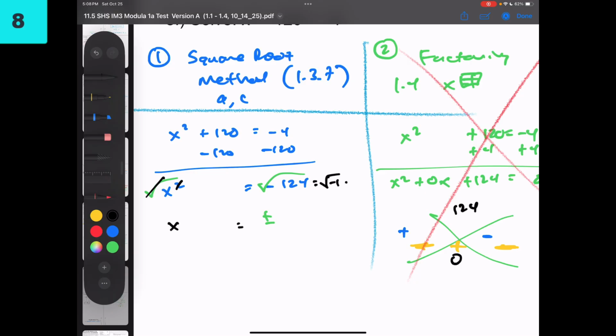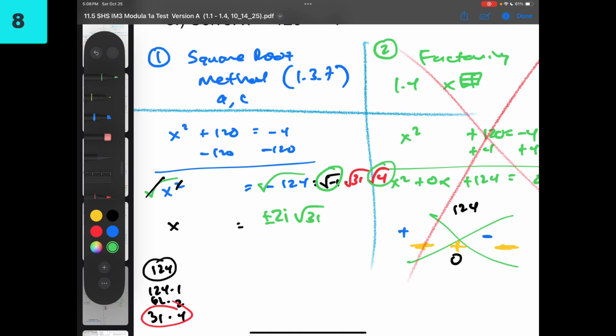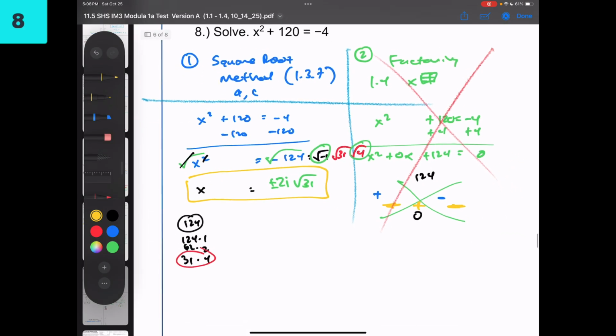And then factors of 124. Okay, so let's do 31 and the square root of 4. So this will become i. This will become square root of 4 is 2, and the square root of 31. So this would be your answer.